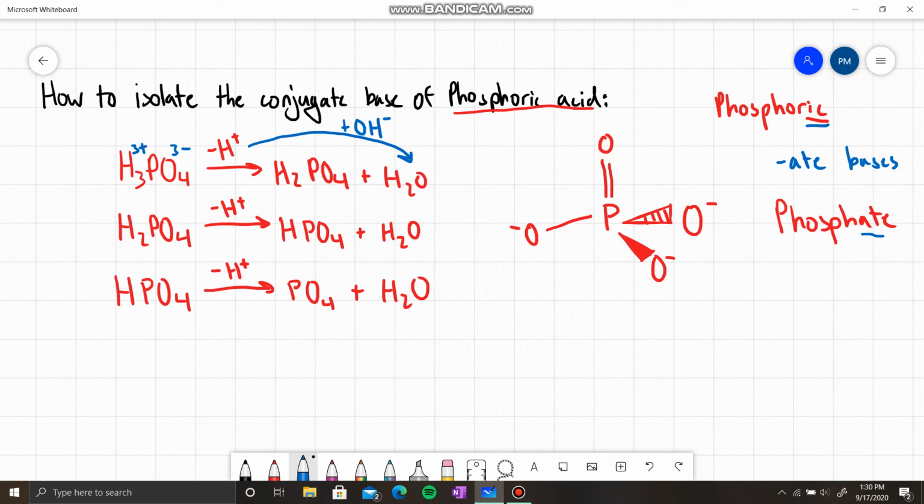And then over here you have 2 plus because we've lost one of those protons. So now our plus charge is a little bit weaker. And so we still have the 3 minus because we haven't lost any of the phosphate. Clearly we haven't. We have the full-on structure over here.